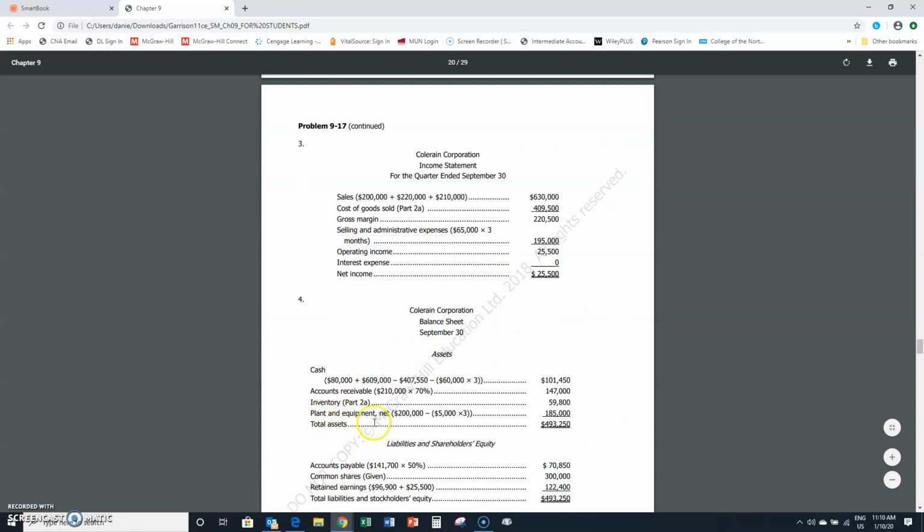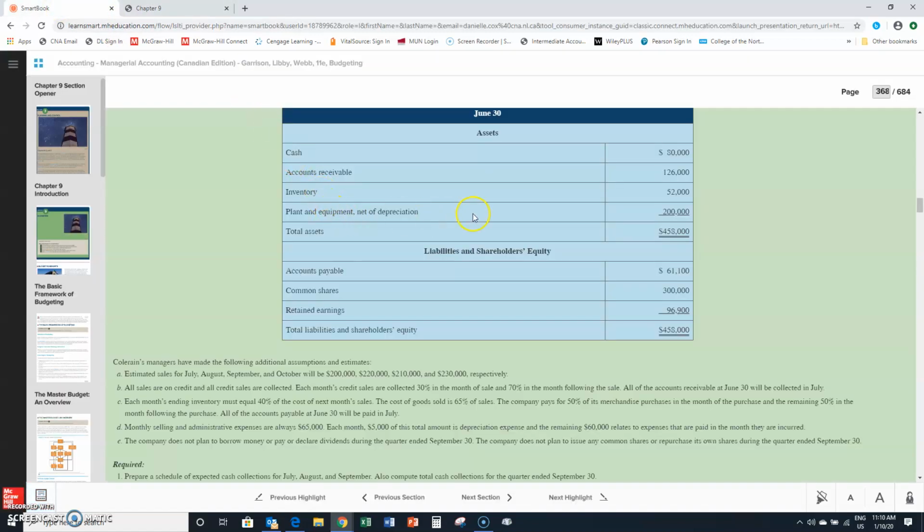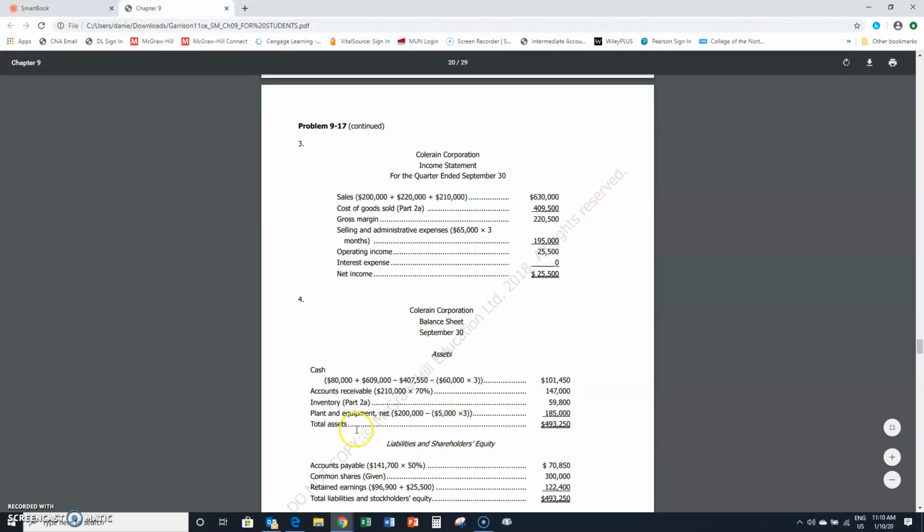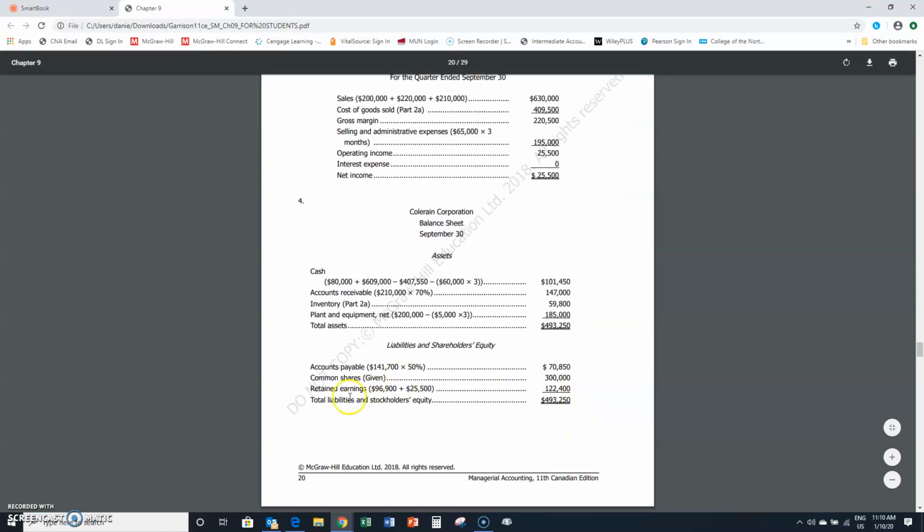Plant and equipment. So we were given over in the information $200,000, but we also know that there's $5,000 depreciation each month. So $200,000 less depreciation for each month, and that gives us our total assets.